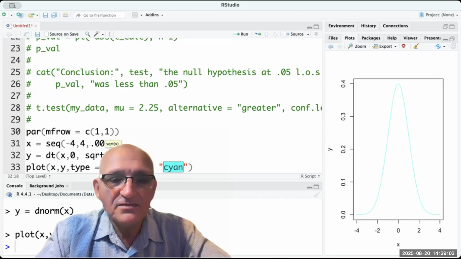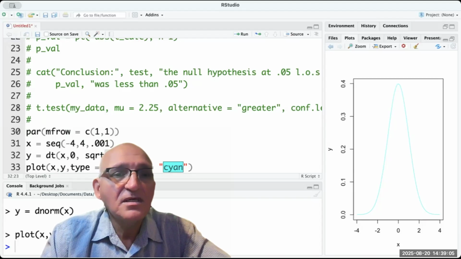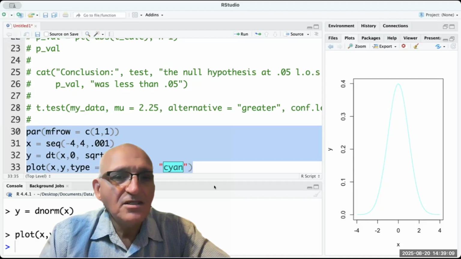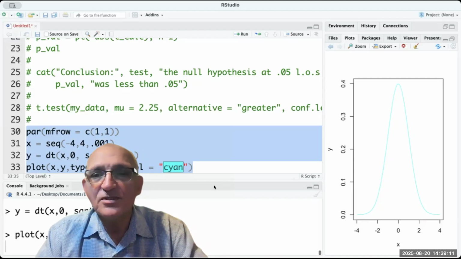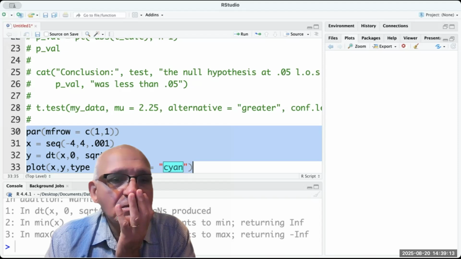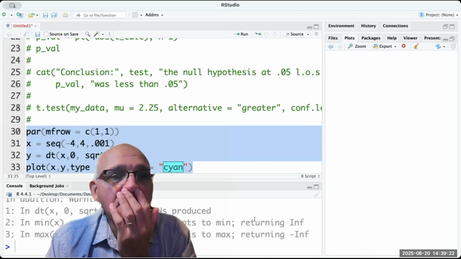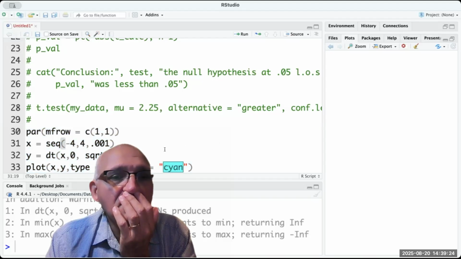Square root of 11 over 9. If I select, no, for some reason, I don't think it's working. Oops. Returning infinity for less.